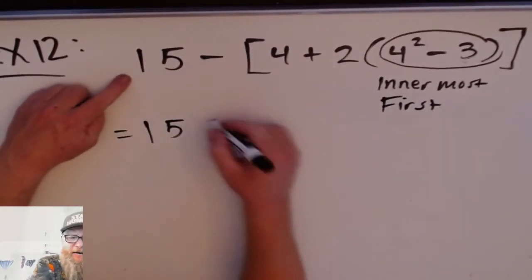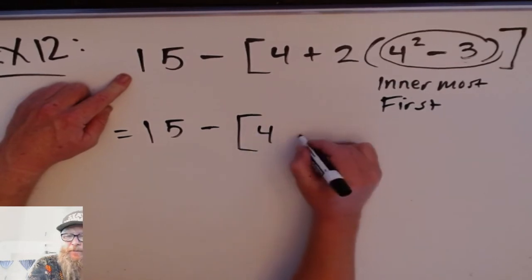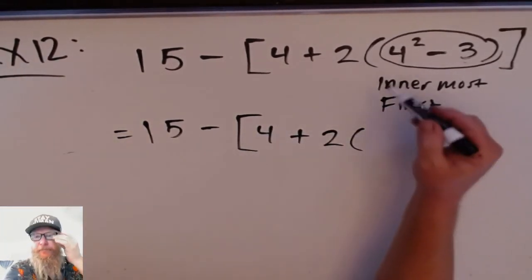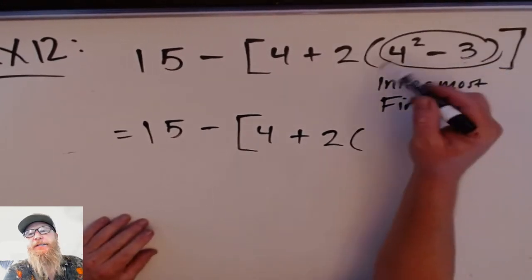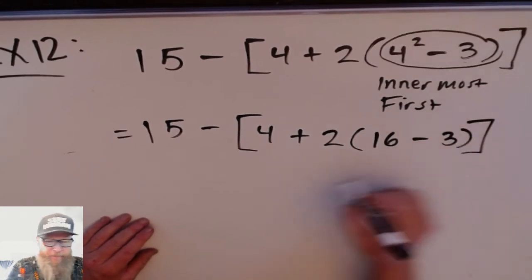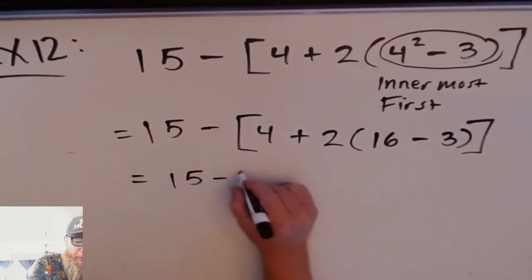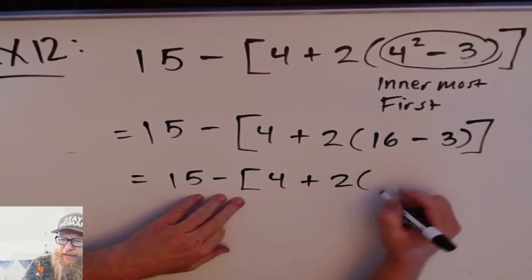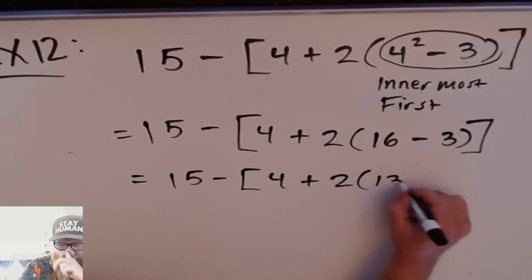Don't do anything out here. Innermost parentheses, then exponents, so that'll be 16. Occasionally you can kill two birds with one stone if you can keep track of it. So maybe I could have done that already. 16 minus 3 is 13.